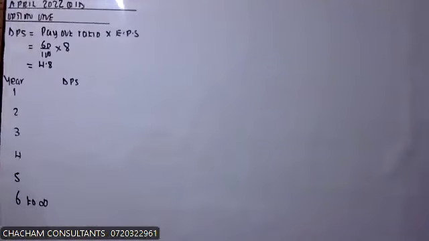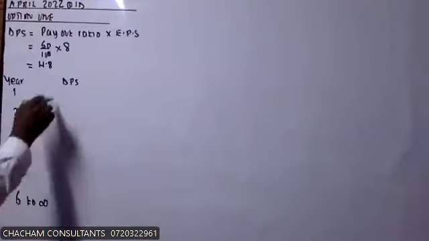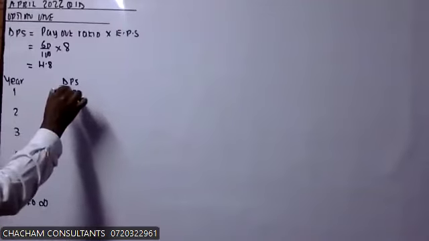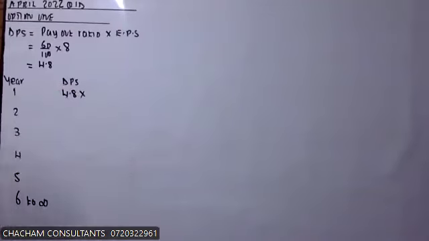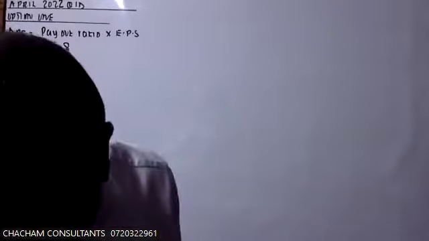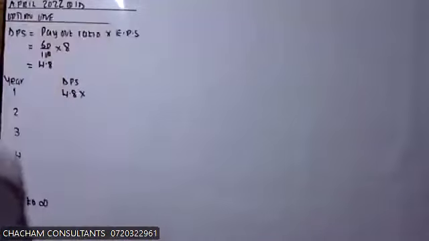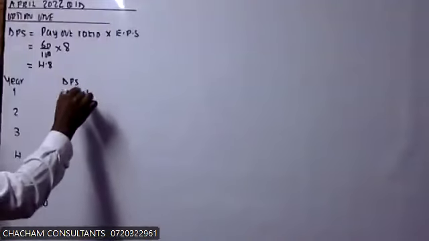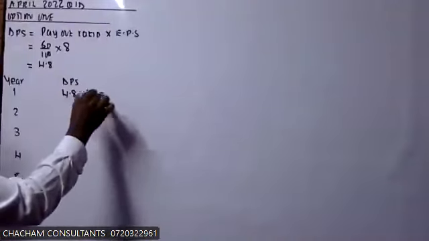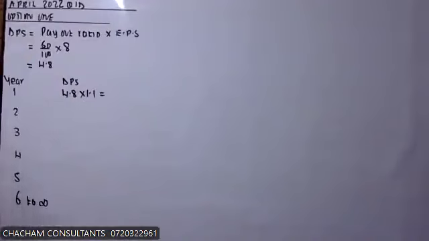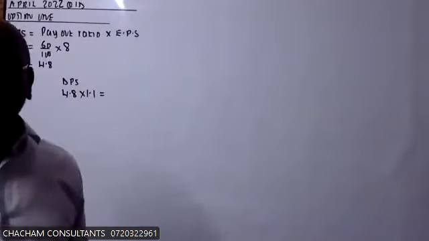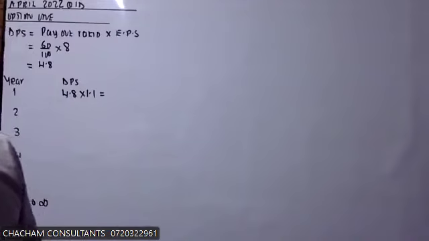So after 1 year, it will be this 4.8 times, we are told the first year it will grow at 10% for the next 3 years. So this one, 1.1, 5.28.